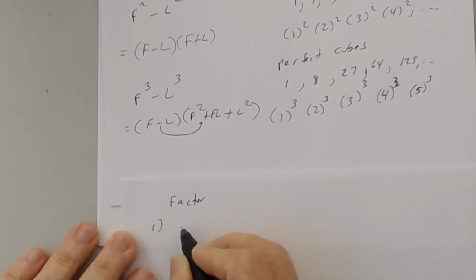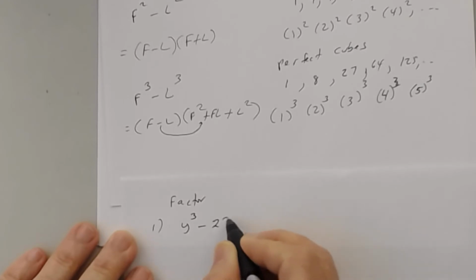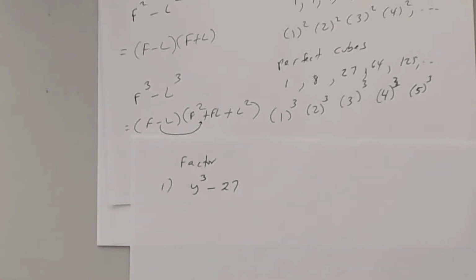Number 1. What if I had y cubed minus 27? Y cubed minus 27. How many terms do you see? 2. What do you always look for regardless of how many terms you see? GCF. What's the GCF? 1, right? GCF is 1.